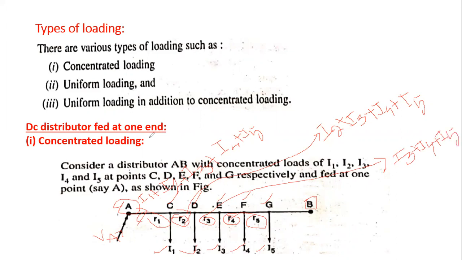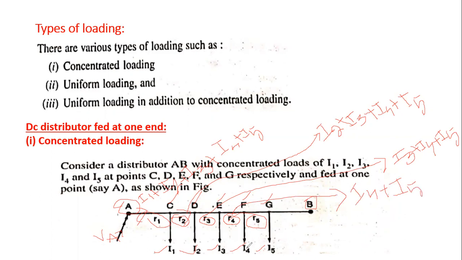Next, I3 current is dropped at point E, so the remaining currents are I4 plus I5.